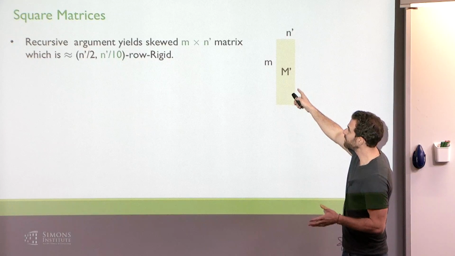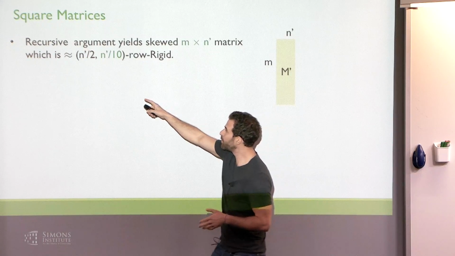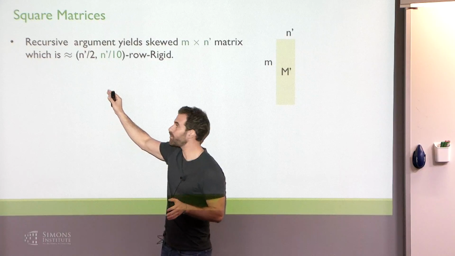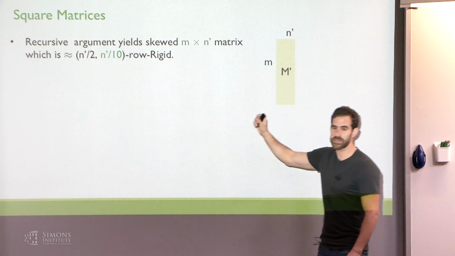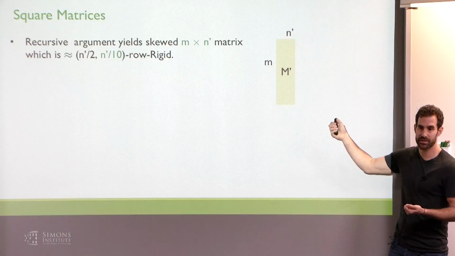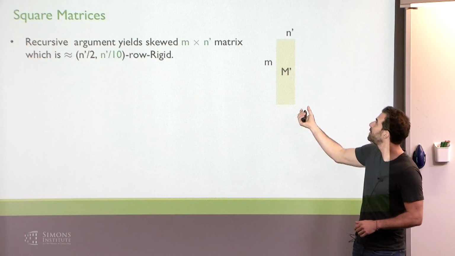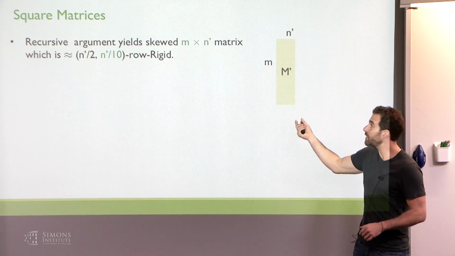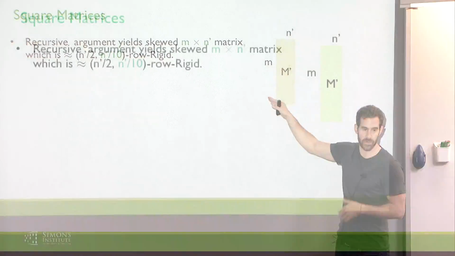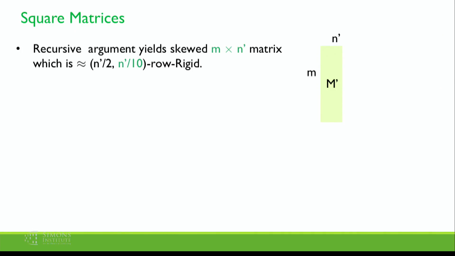So we end up with, just to simplify the parameters, the matrix that this recursive algorithm produces, assuming we stop in the last iteration, which is kind of the worst case, is a very skewed matrix. The number of rows m remains what it was, so it's like n to the 10. And n prime can be very small. It's related to the lower bound parameter that we began with.